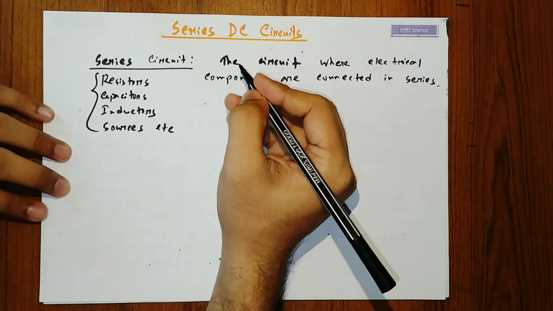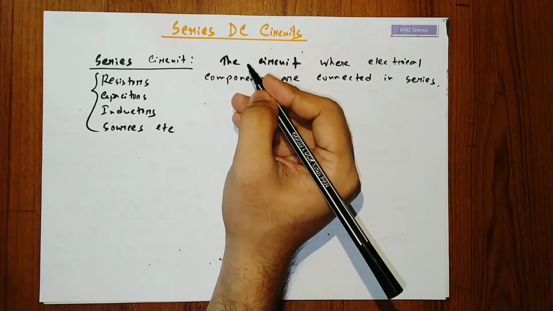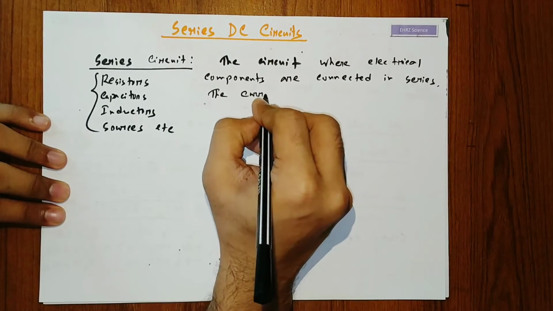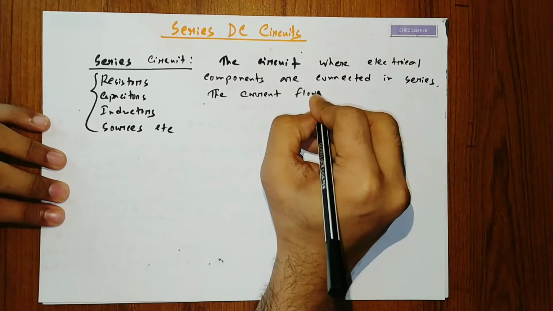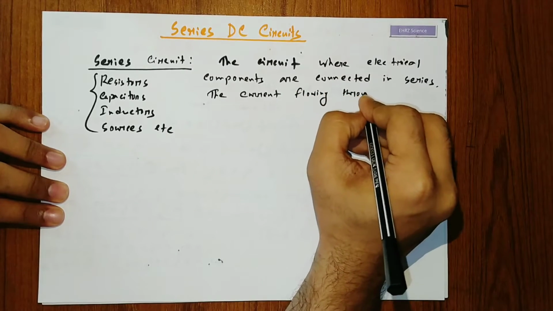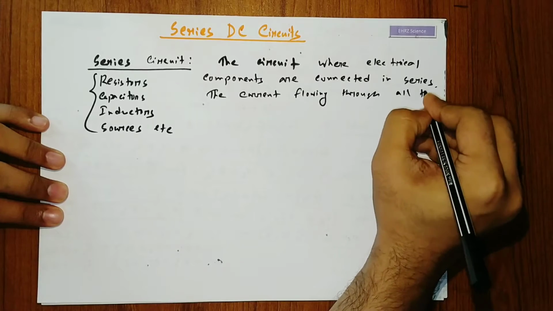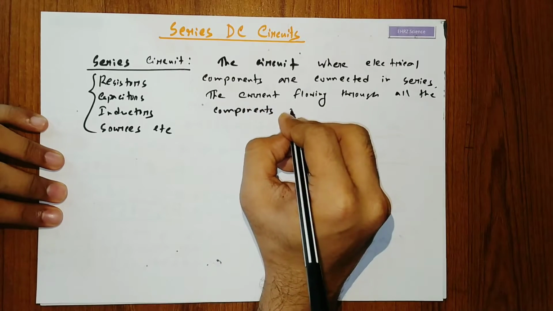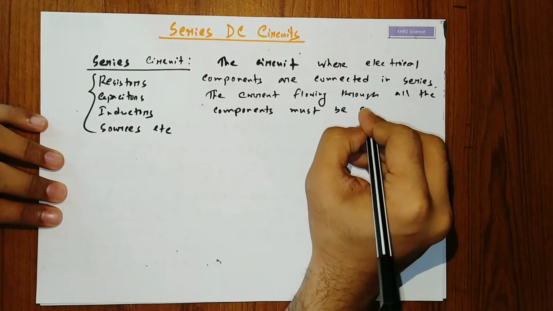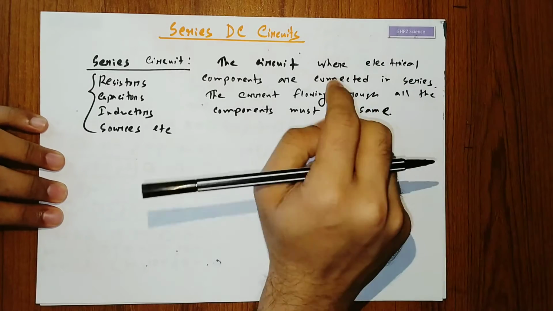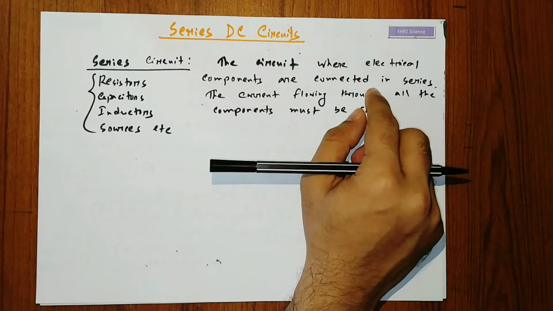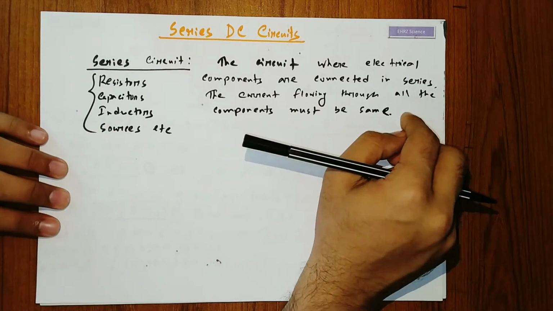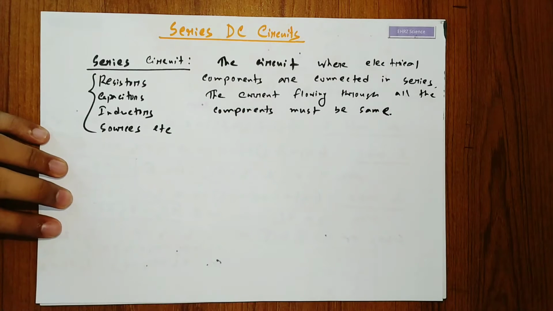This is the first condition, and the second condition is the current flowing through all the components must be the same. If in a circuit all the electrical components are connected in series and the current flowing through all the components is the same, then we can call that circuit a series circuit.